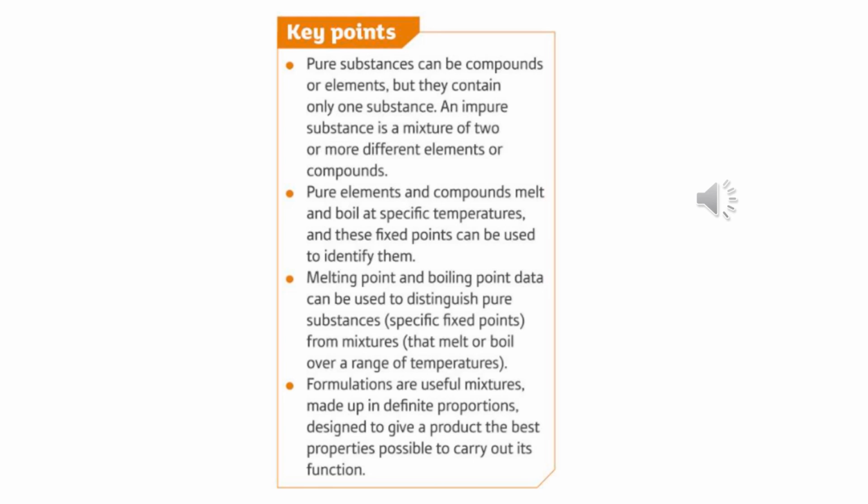Melting point and boiling point data can be used to distinguish pure substances, with specific fixed points, from mixtures that melt or boil over a range of temperatures. And the last point is formulations are useful mixtures made up in definite proportions, designed to give a product the best properties possible to carry out its function.